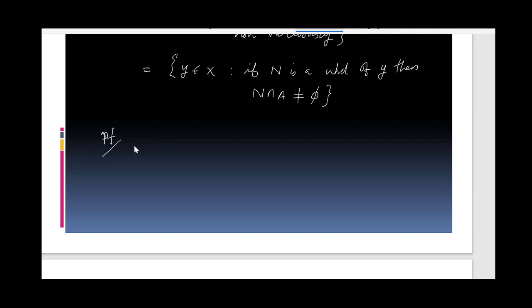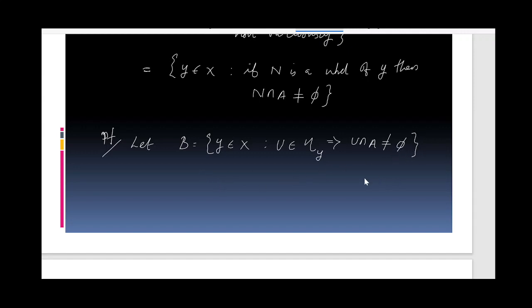Proof. First we will take this set as some set B. So let B equal the set of all Y belongs to X such that U belongs to the neighborhood system of Y, that is N_Y, implies our condition: U intersection A is not equal to empty.